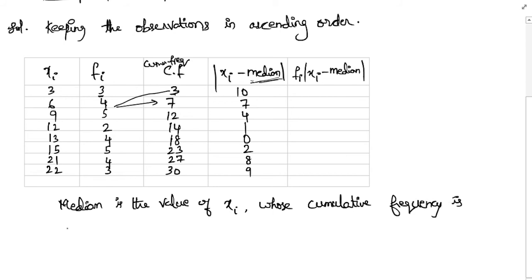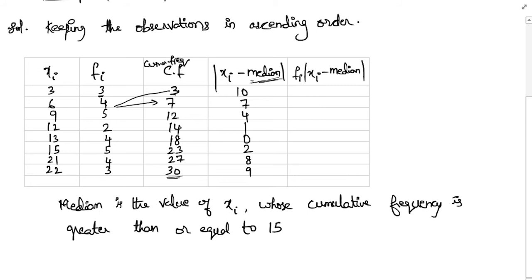It should be greater than or equal to 15, because the last cumulative frequency is 30, and half of that is 15. So the median is the value of xi whose cumulative frequency is greater than or equal to 15.